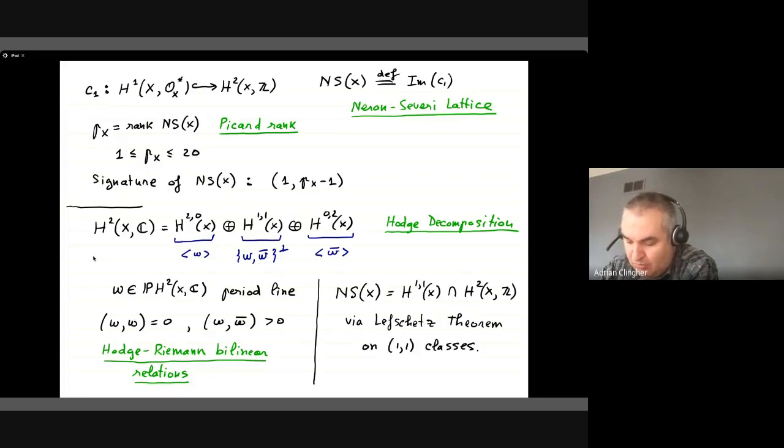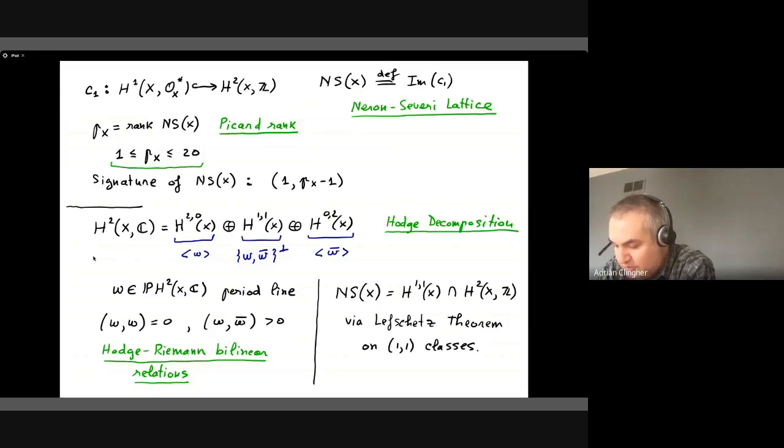And for algebraic K3s, this number goes between 1 and 20. So as you may guess from the title of my talk, I'm going to be focusing on some special families of K3s for which this Picard rank is close to 20, so fairly high. The signature of the Néron-Severi lattice is (1, Picard rank minus 1).